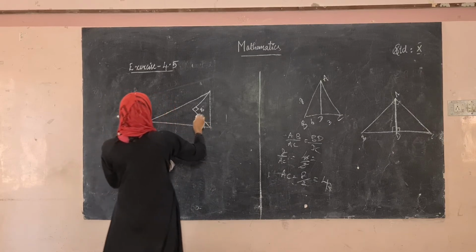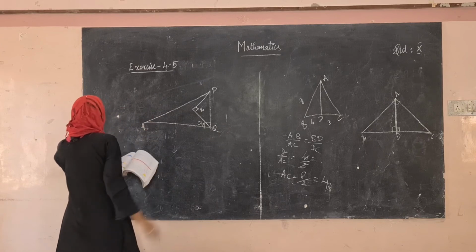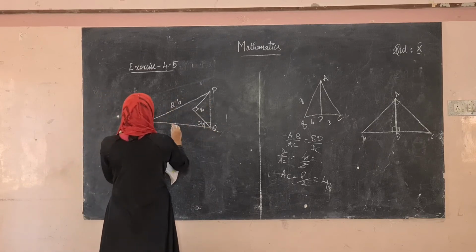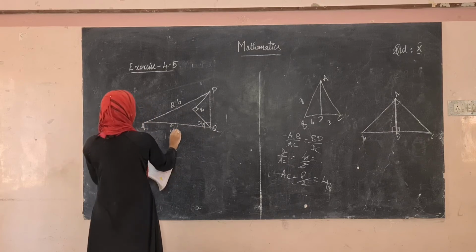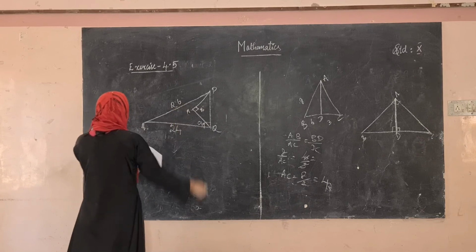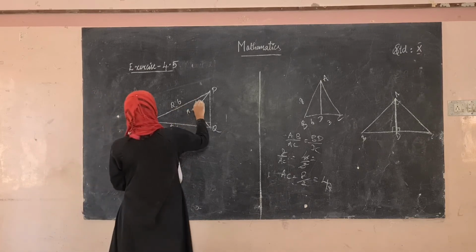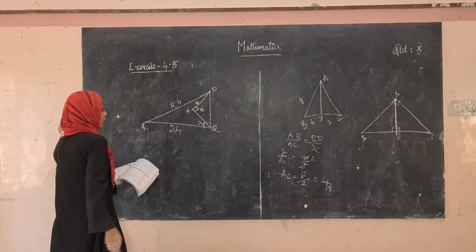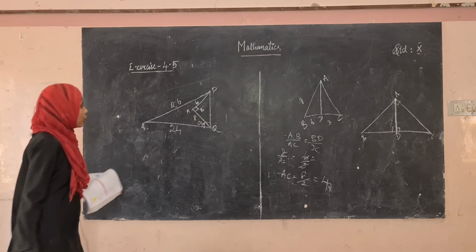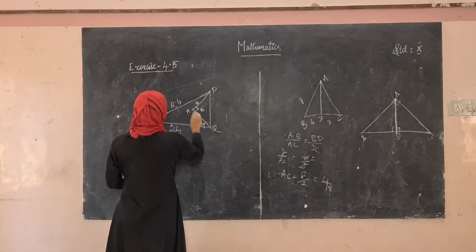So this is P, Q, R. In the given figure, PR is equal to 26 centimeter and QR is equal to 24 centimeter. Angle PAQ is equal to 90 degree, PA is equal to 6 centimeter and QA is equal to 8 centimeter. Find the angle PQR.